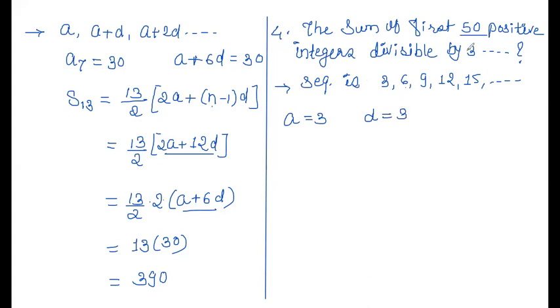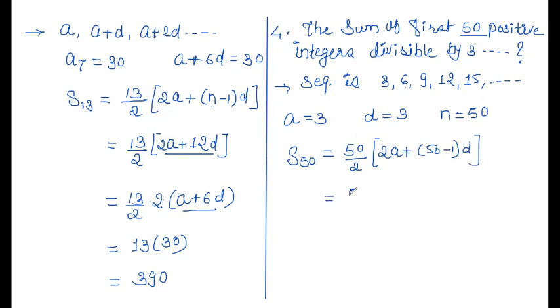We have to find S50. So n is equal to 50, and S50, the sum of first 50 terms, is equal to 50 divided by 2 in bracket 2a plus 50 minus 1 into d, which is 50 divided by 2 in bracket 2a plus 49 into 3.